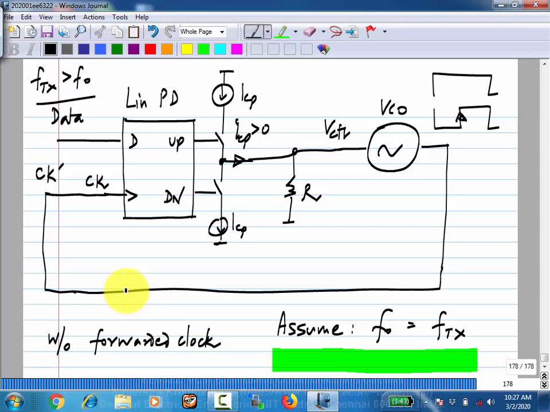But there will be one rising edge in every data symbol and it can reach steady state. Okay? But now, given that the transmit frequency is more than the free running frequency, what kind of control voltage will we need for this to happen? We need to have some small positive control voltage. And for this to happen, what should be the relationship between data and clock?